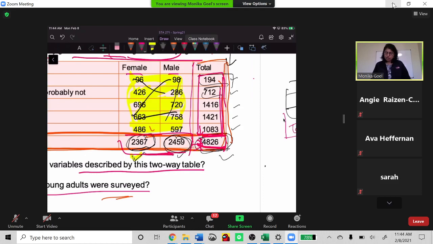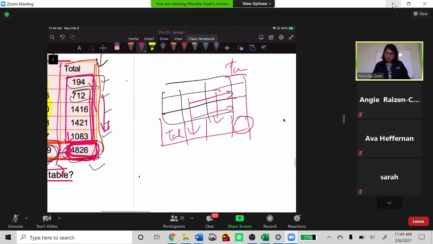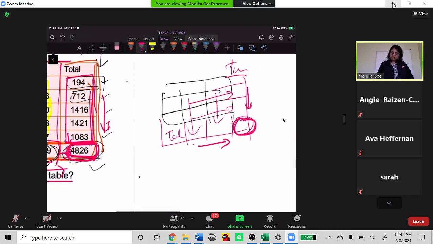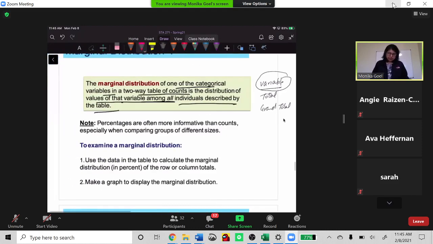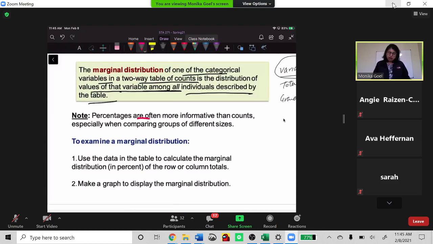That's why we put the sum of these as well as the sum of this. So this grand total should be the sum of this and this. And if you're looking for this particular one, this divided with this, or this column divided with this, whichever the question is asking. Percentages are often more informative than counts, especially when comparing groups of different sizes.